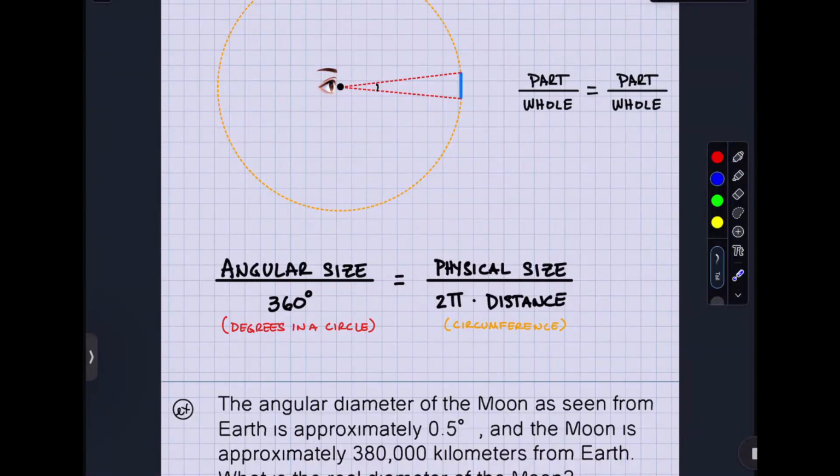Circumference is 2 pi r, so I don't want you to think of it as 2 pi d because I said distance. Distance meaning from here to here, which is your radius. Got it? Are we okay so far?